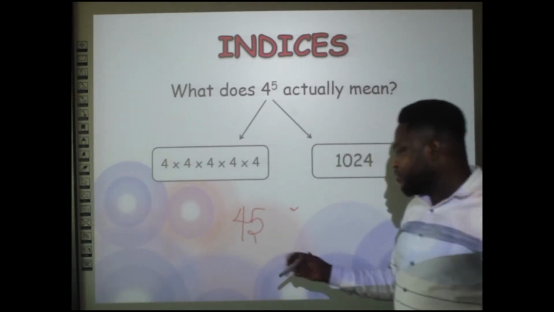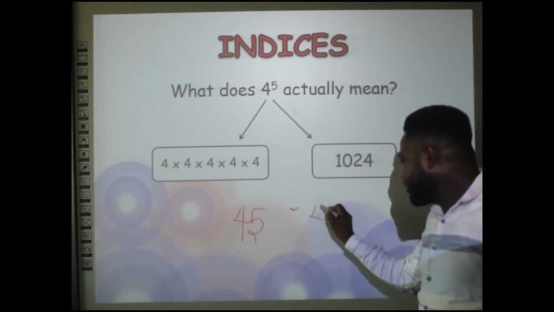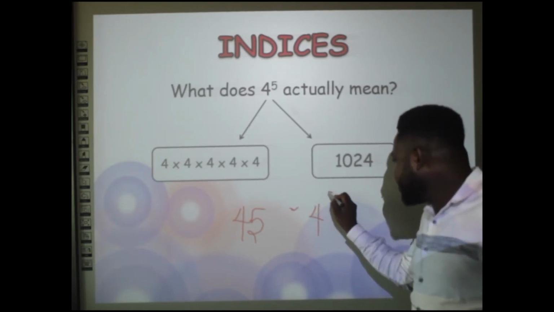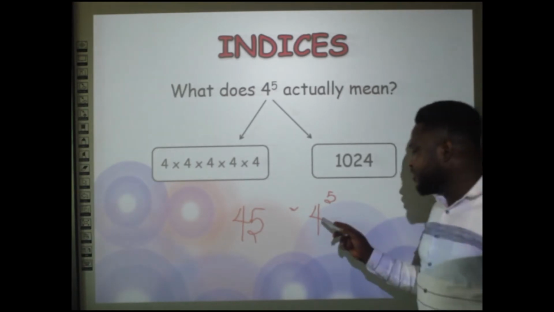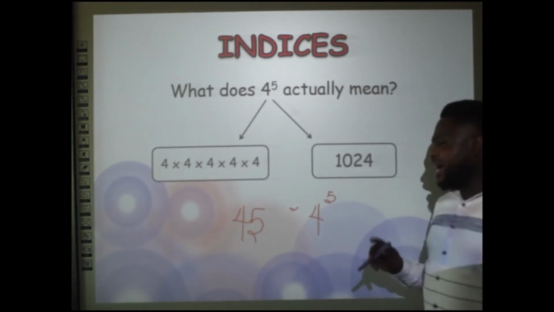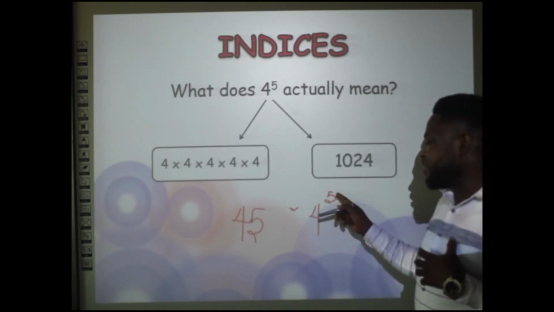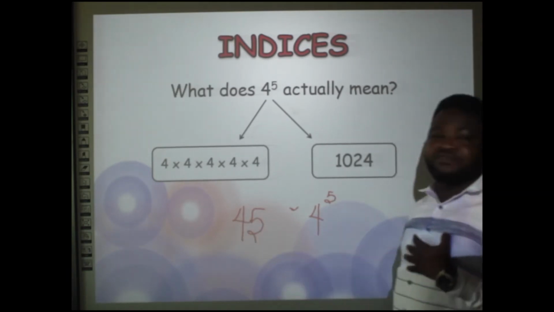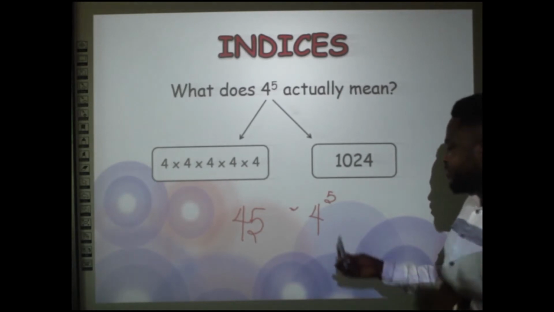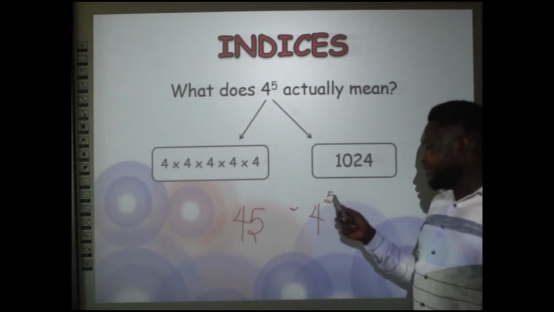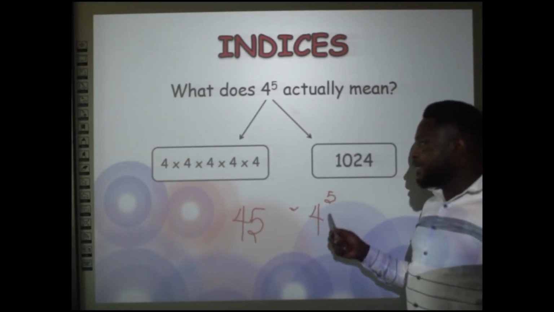This is the base, and this is the power. There's a difference between 4 raised to the power 5 and 45. So this means 4 times 4 times 4 times 4 times 4.